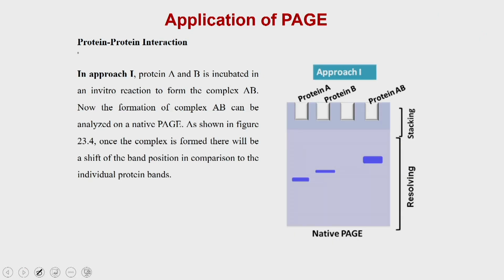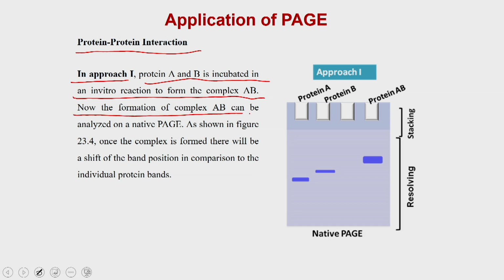Then the SDS PAGE can also be used to study protein-protein interactions. Protein-protein interaction can be studied in 2 different approaches. In approach 1, protein A and B are incubated in an in vitro reaction to form the complex AB. The formation of the complex AB can be analyzed on a native PAGE, as you can see in this figure.